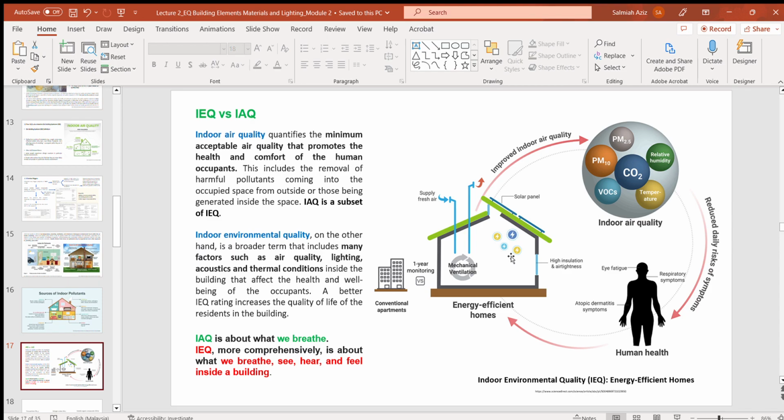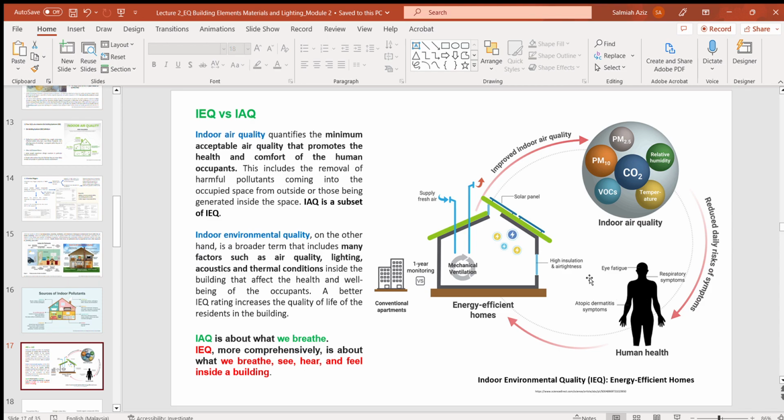An energy efficient home has improved indoor air quality, so we do not include VOCs in our environment. It reduces the daily risk of symptoms such as eye fatigue, atopic dermatitis symptoms, and respiratory symptoms, let's say the SBS, the sick building syndrome.